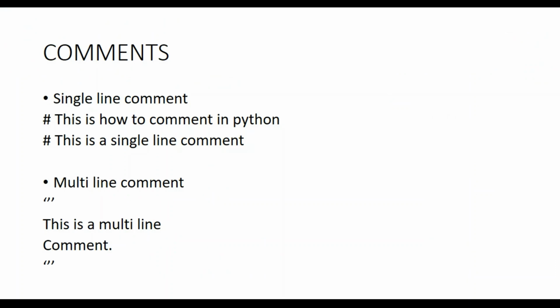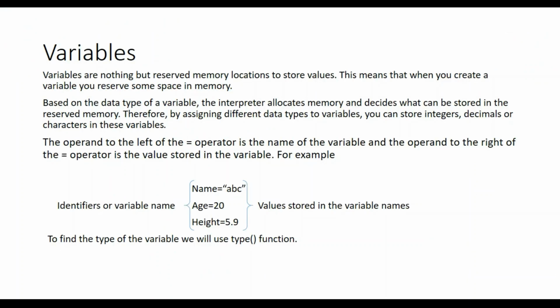After comments, we are going to look into variables. A variable is a memory location used to store some values. A variable value can be changed at any part of time in the program. A variable can be a string or an integer or a single character.